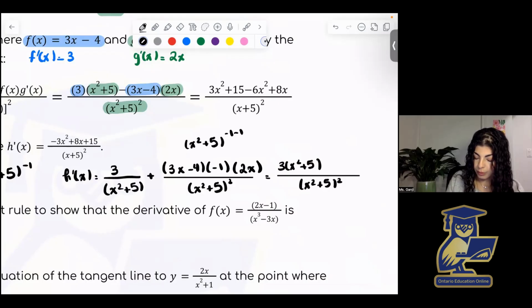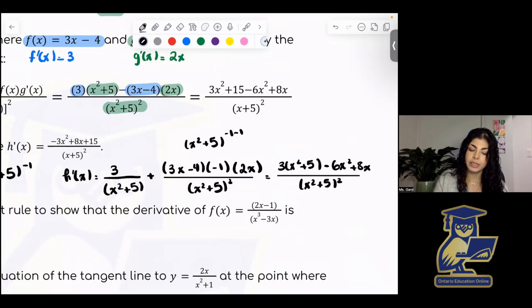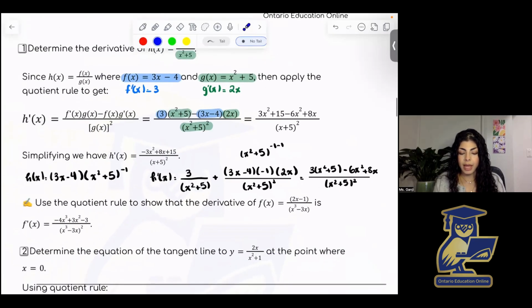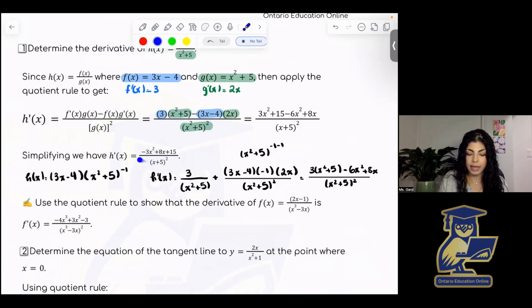And for my second bracket, I'll have negative 6x squared plus 8x. And you can already see this is now this term here, or this expression there. And again, if I simplify this, I'll end up with the h prime of x that I was looking for, so the derivative will be the same, regardless of if you use power rule or quotient rule.